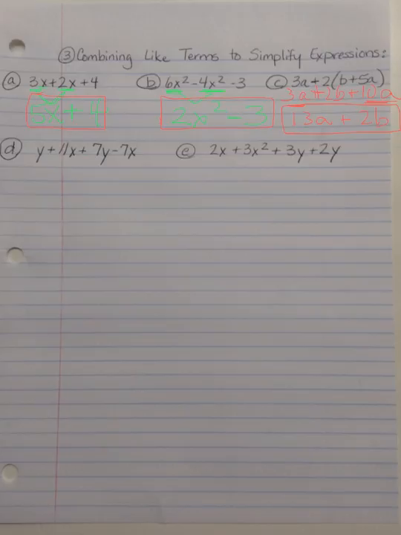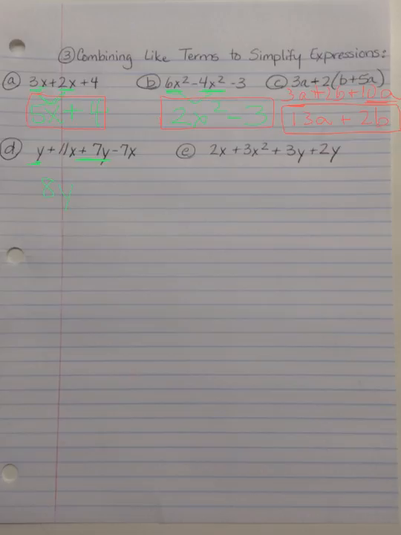Okay, next in example D, I have y plus 11x plus 7y minus 7x. So I'm going to combine my y's. I have y and then plus 7y because the plus comes before the 7y. So think of y as 1 times y or 1y. And then I have 1y plus 7y. That gives me 8y.